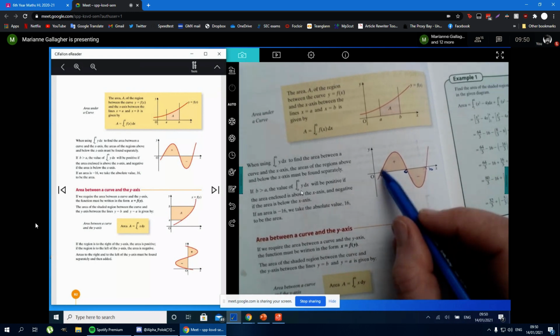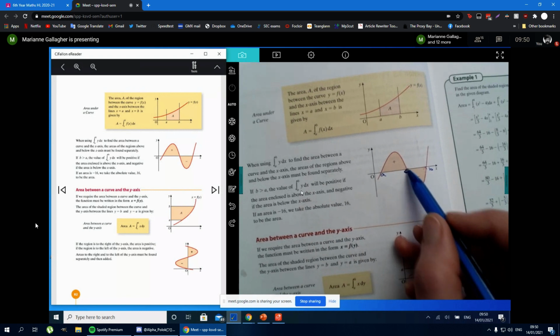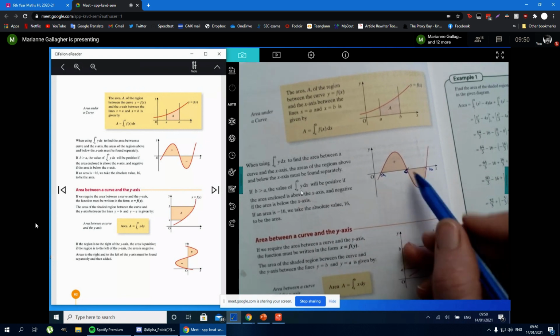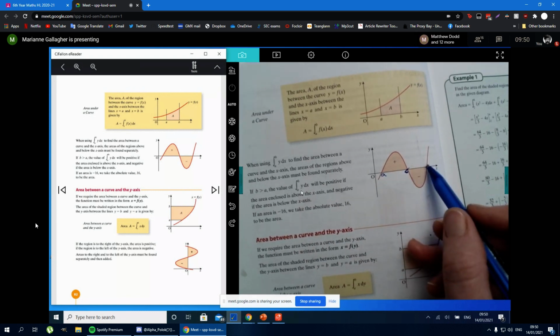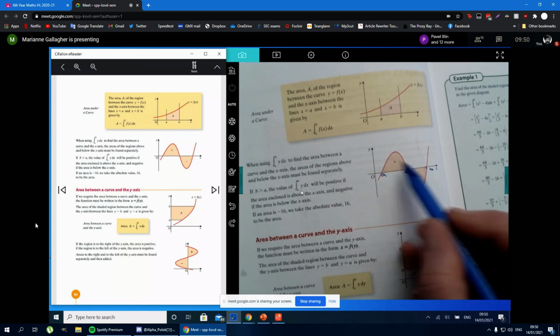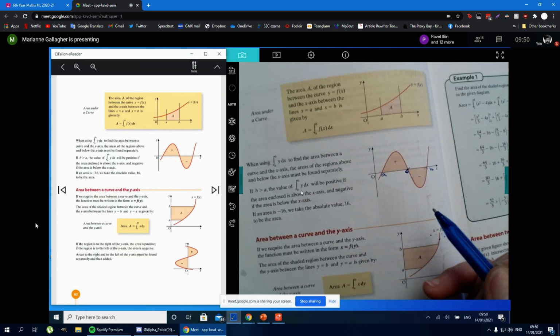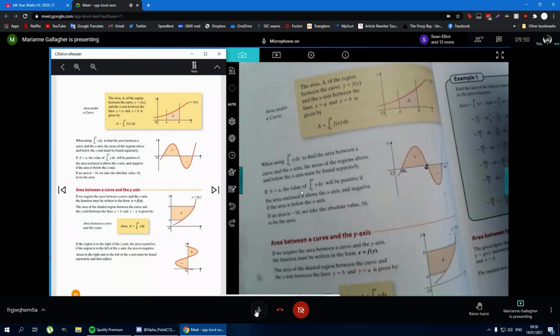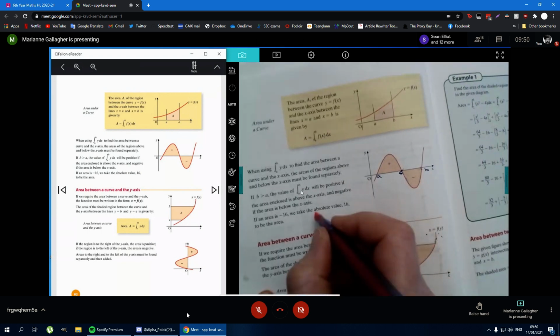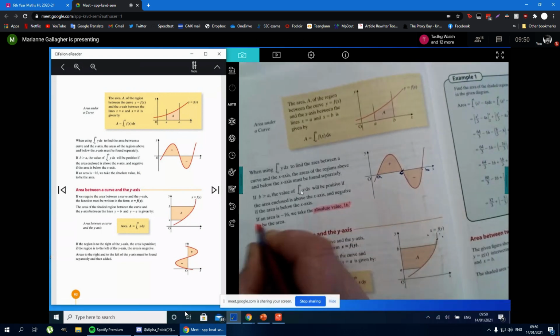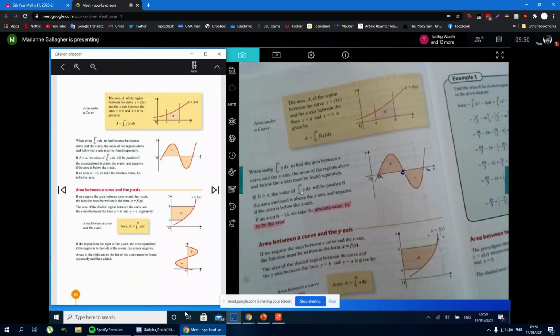All right, so you're going to integrate to where it crosses the x-axis, and then you're going to integrate this bit, but you're going to ignore the sign. You're going to make sure it's positive, and then you're going to add those two pieces together. That makes sense? So you take the absolute value to be the area, okay?